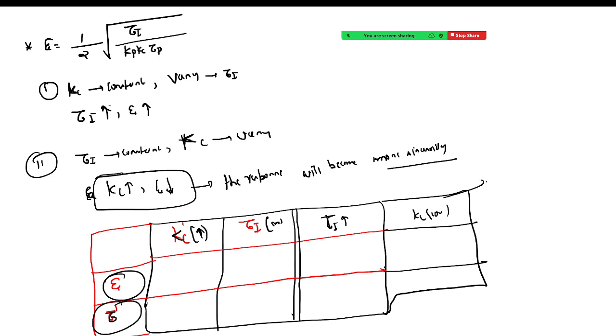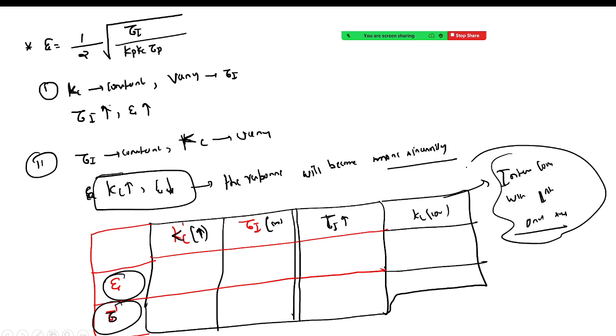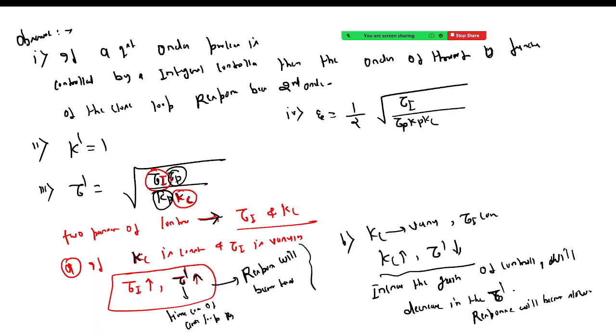And this is only valid for integral controllers with first order systems. I hope this is clear to all. Fine. So here, what you see, if I increase tau I, our response will become fast.